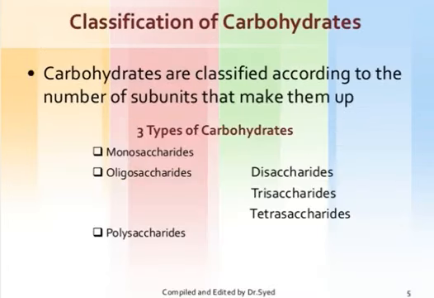Let's study the classification of carbohydrates. Carbohydrates are classified according to the number of subunits that make them up. That means monosaccharides. These are the simplest sugars and contain a single carbon chain which possesses a free aldehyde or ketone group and two or more hydroxyl groups.